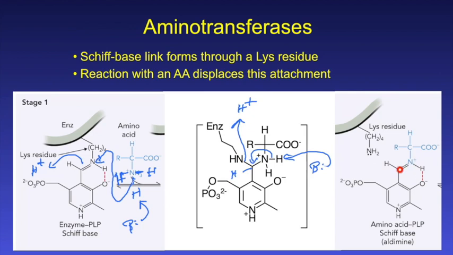Then I have a carbon, but this whole functional group is different. All right, this is set up to allow us to break a bond. Okay, ultimately the bond we need to break is right here. Sorry, it's right here. We need to get the amine away from the incoming amino acid.